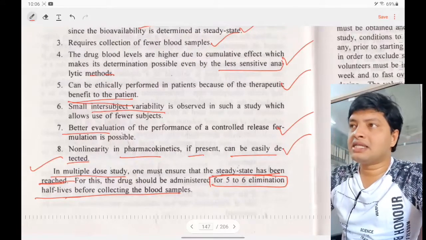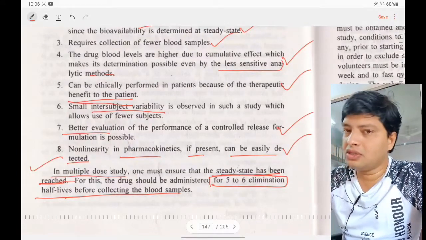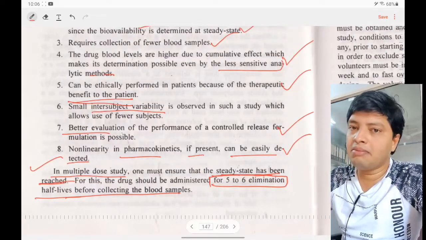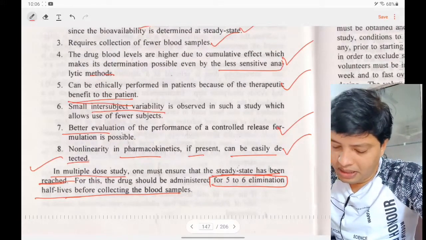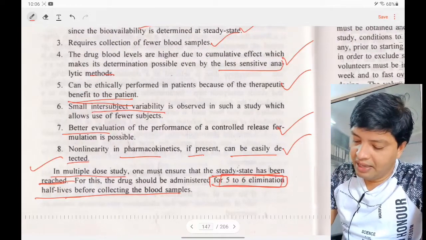To ensure the attainment of steady state, you should start collecting the blood sample only after the drug has been administered for 5 to 6 elimination half-lives.